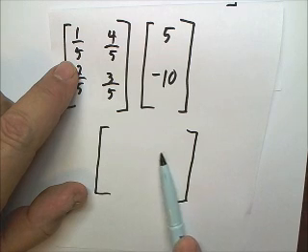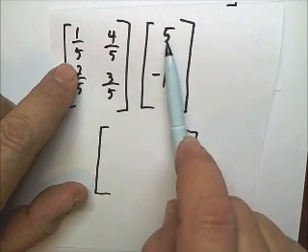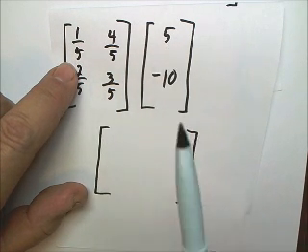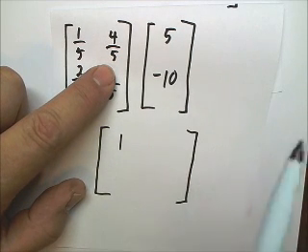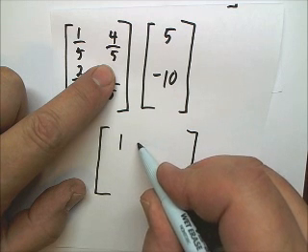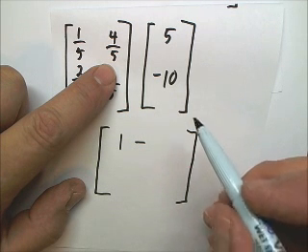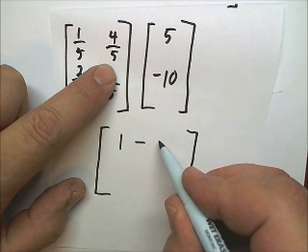To get this number up here, it's going to be this times this. So 1/5 times 5 is 1. 4/5 times negative 10, it's going to be 1 minus 8.